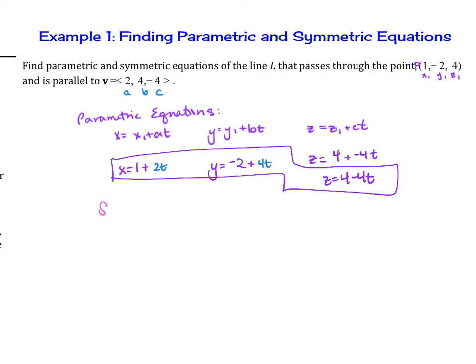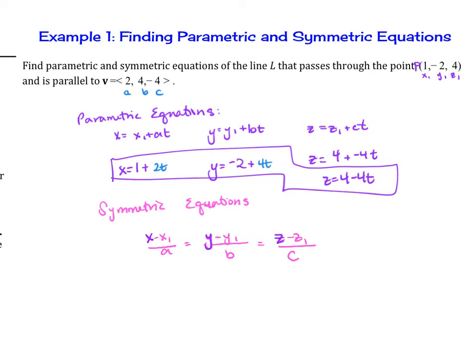Next, we have to do the symmetric equations. Remember with these, we're looking at (x minus x sub 1) over a equals (y minus y sub 1) over b equals (z minus z sub 1) over c. Our x, y, and z here will stay. We're just plugging in our x sub 1 and our a.